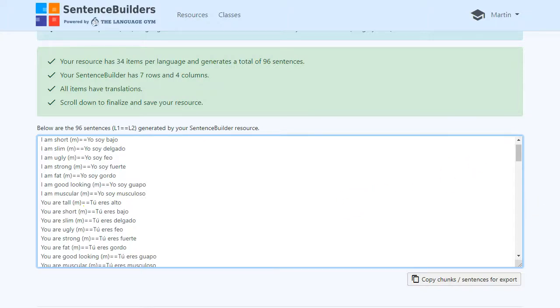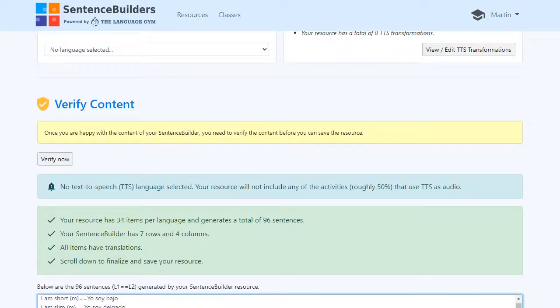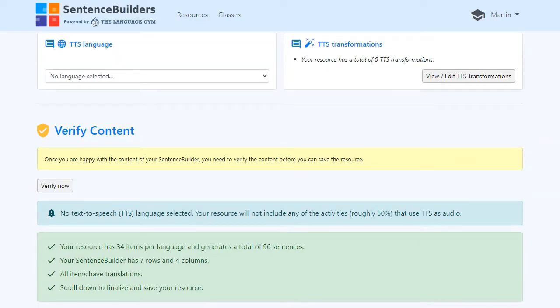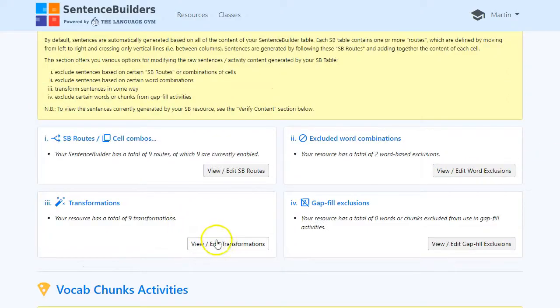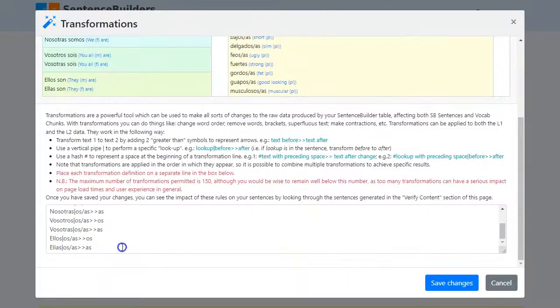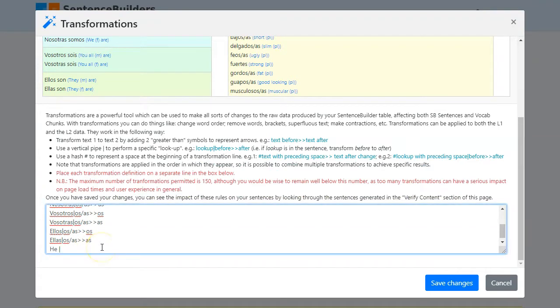But what we need to do now then is remove those markers for the he and she sentences, and again we'll do that using a lookup similar to the one that we saw before. So transformations, and we're going to say if our sentence contains he, then we can remove all reference to masculine, and you notice that I put the space in front of the brackets M, because if I didn't, I'd be leaving an extra space in there, and that might cause some of the activities to go wrong.